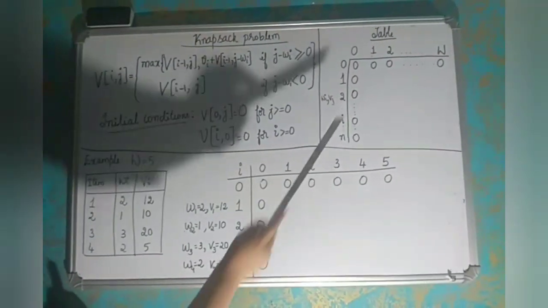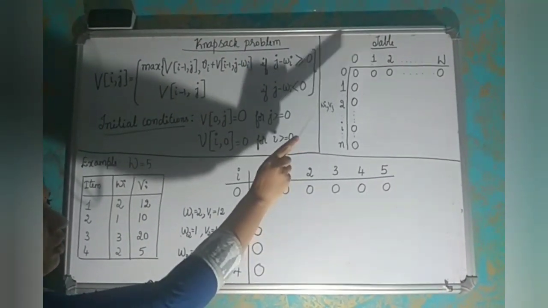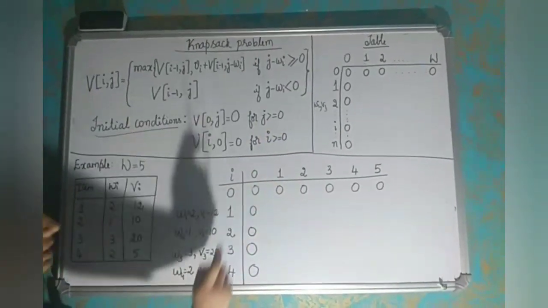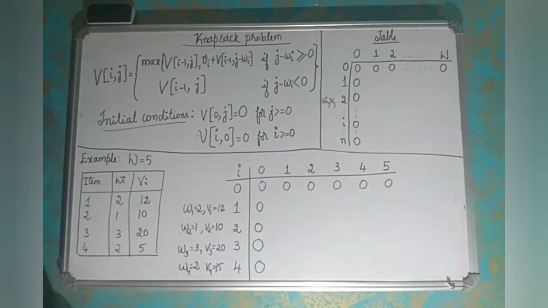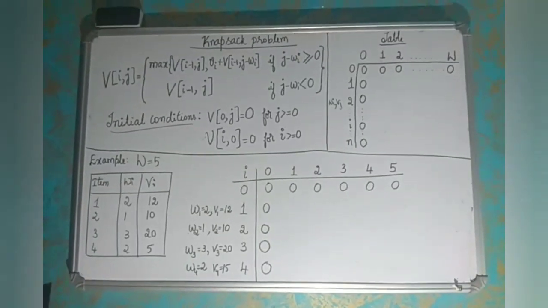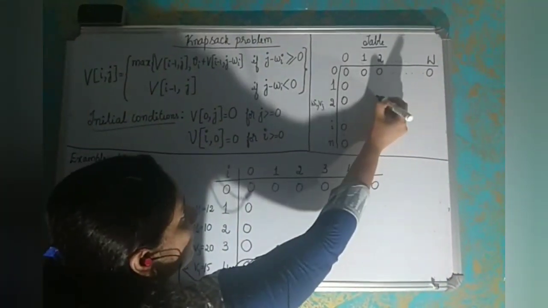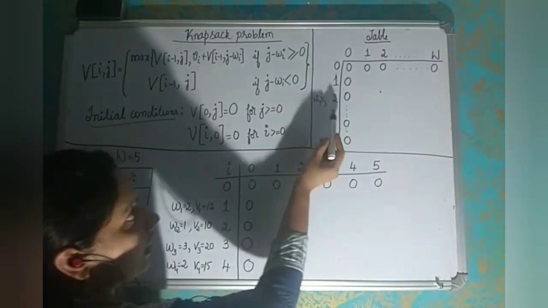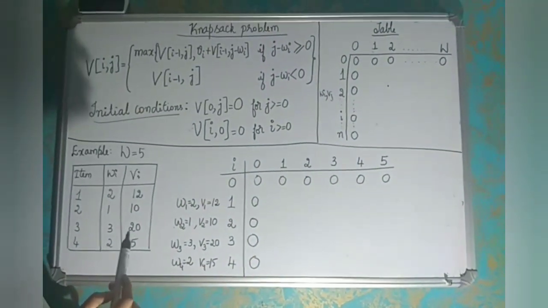So if I say this entry, V of 0, 0 is the profit gain when there are 0 items and the capacity of the bag is 0. Now let us take this entry, where I is 2 and J is also 2.